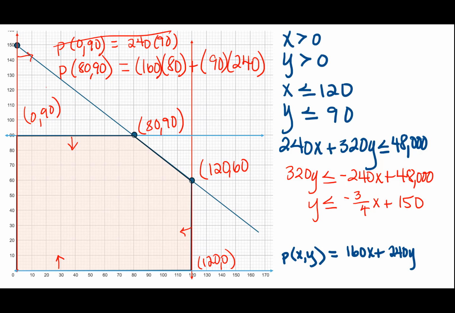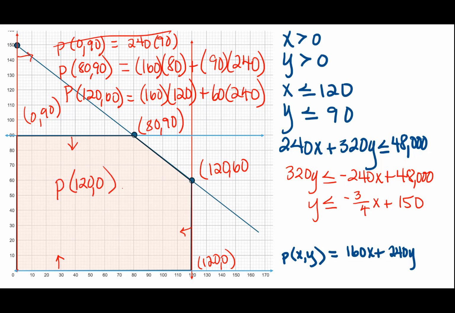And then (120, 60) is going to be 160 times 120 plus 60 times 240. And then the final one is going to be P(120, 0), which is obviously going to be less than the one we just did, so I'm not even going to do that.